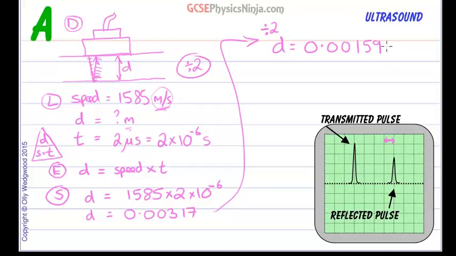Now this is in meters, and it's probably better to put this into millimeters. So if you times this by 1,000, we can convert meters to millimeters. So the decimal place will move 1, 2, 3, and we'll get 1.59 millimeters. And that is the thickness of this muscle layer as found by this ultrasound transmitted pulse and reflected pulse.